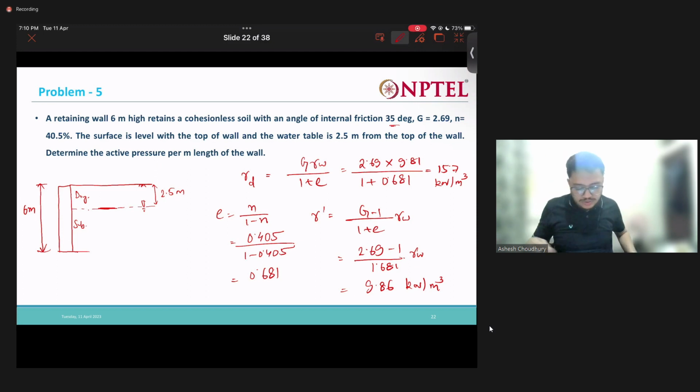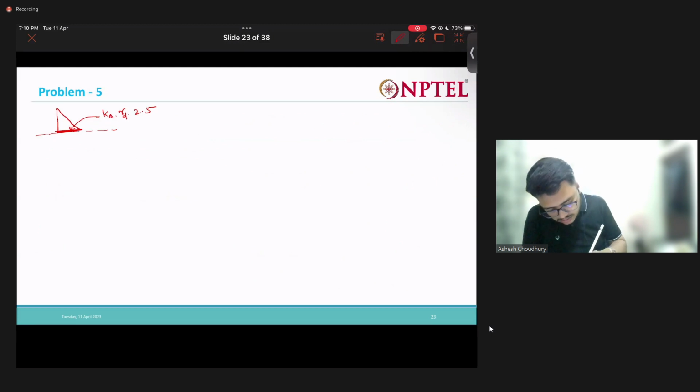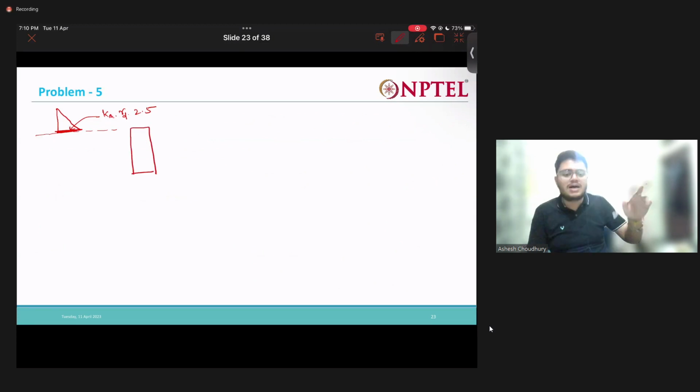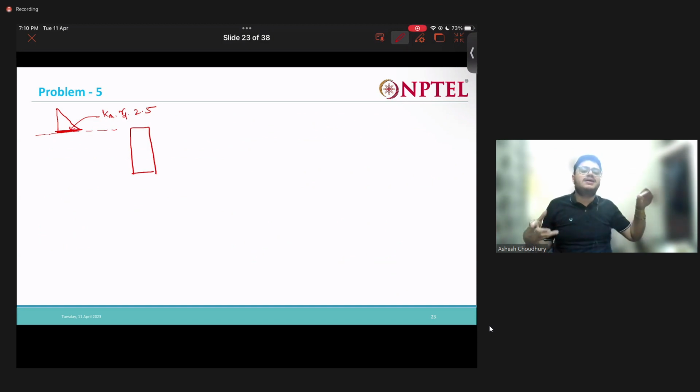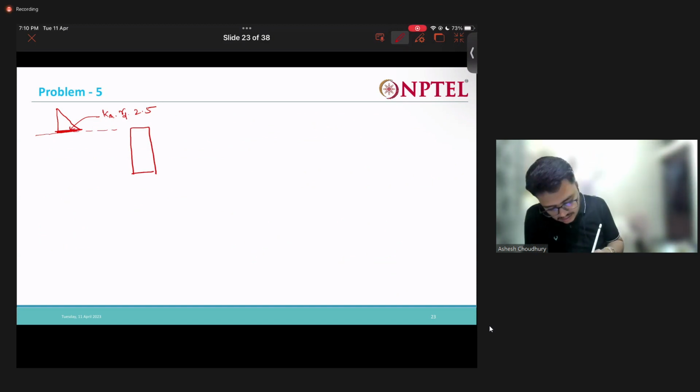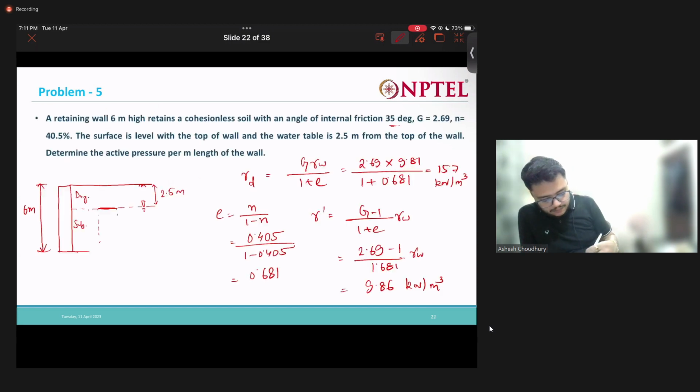This gamma d into 2.5 will act like a surcharge. So this will be nothing but K into gamma d into 2.5 for this upper portion.